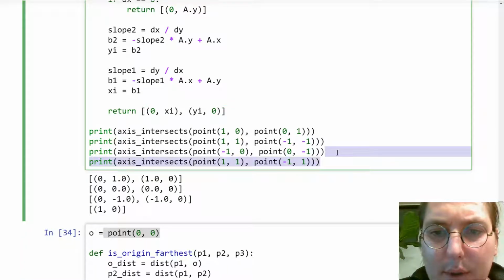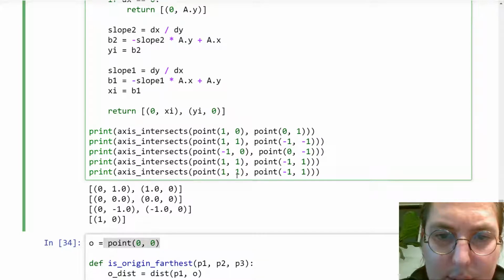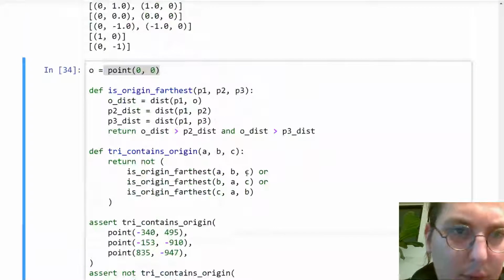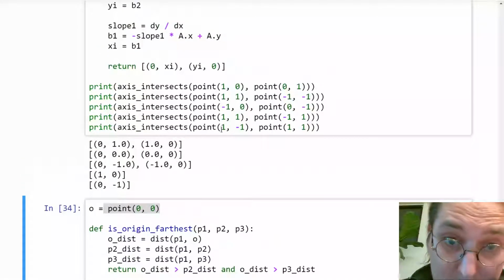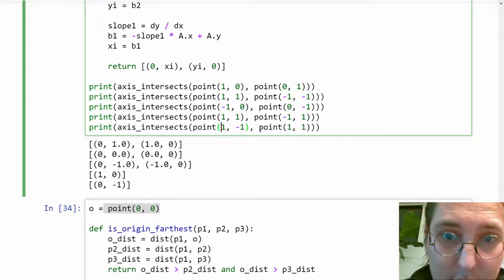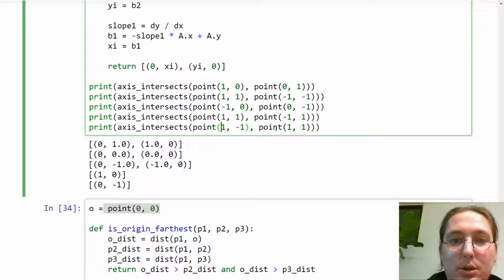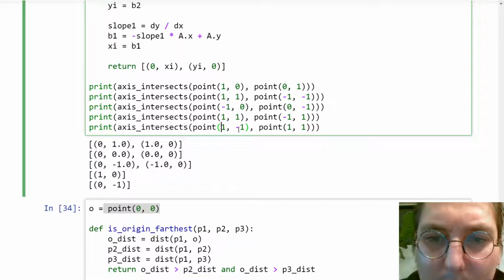Okay, so the other case, I suppose, is staying the same height but crossing the axis, and this should be at 1, 0. We're staying the same height and crossing. No, wait, I'm saying this wrong.